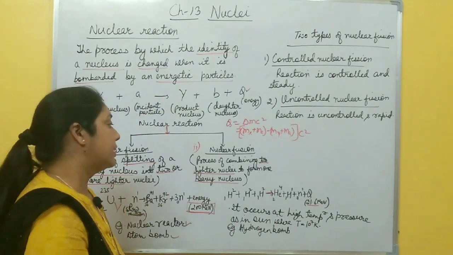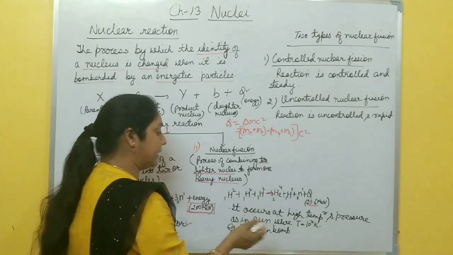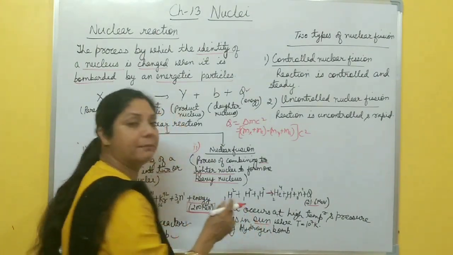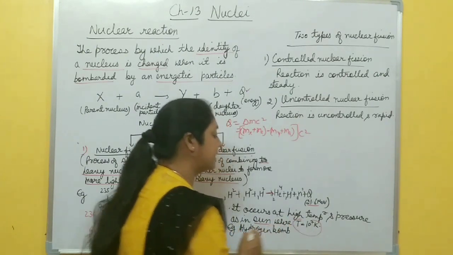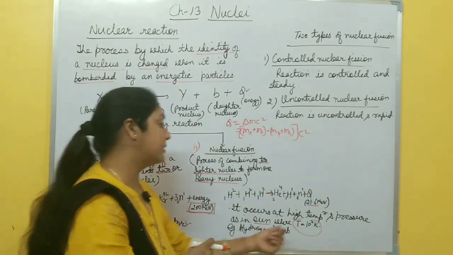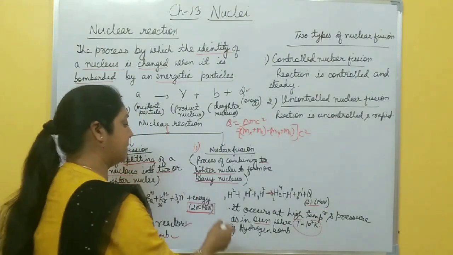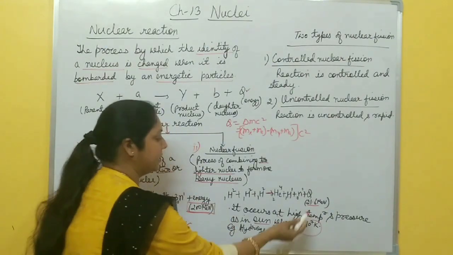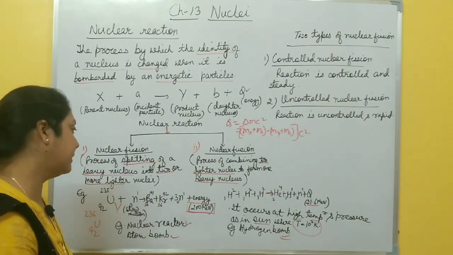This nuclear fusion takes place only at high temperature and pressure, that is in the sun, because inside the sun temperature and pressure are very high. Inside the sun the temperature is 10 to the power 7 Kelvin. So inside the sun nuclear fusion takes place, and its example is the hydrogen bomb.